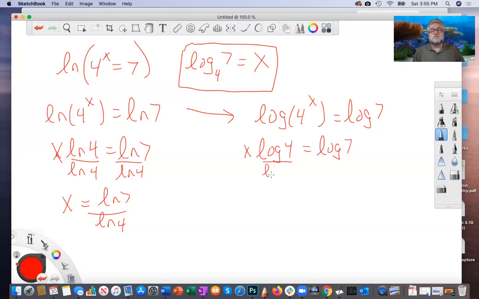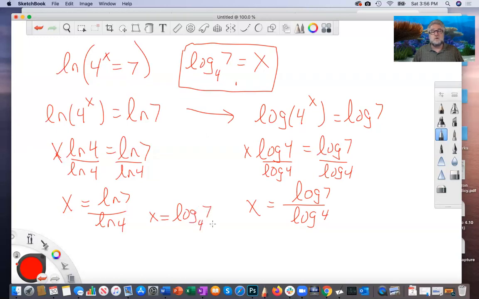And again, I'll divide by log 4 to solve for x. So I get x equals log of 7 over log of 4. Well, now that's fun. Wait a minute. I got x equals log of 7 over log of 4, and x equals ln 7 over ln 4. And I got this thing up here: x equals log to the base 4 of 7.